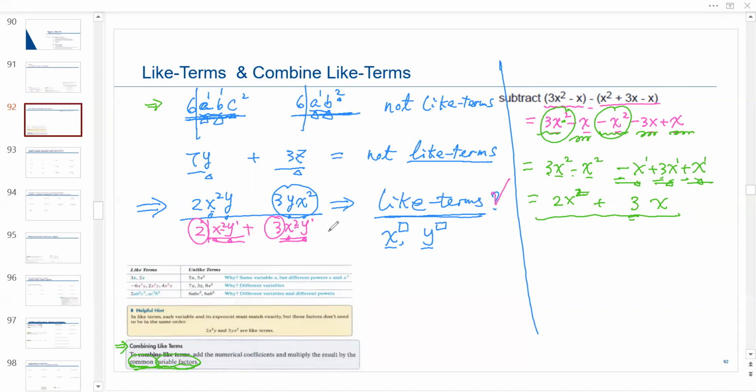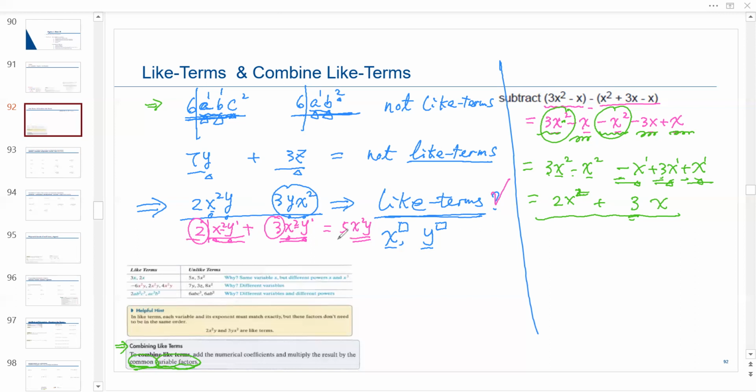When they do the addition, it can be rewritten as, say, 5x squared y. The common part is kept the same. When you do addition and subtraction, only the coefficient part is calculated. So the most important thing here is that this one can be rewritten as 3x squared y.